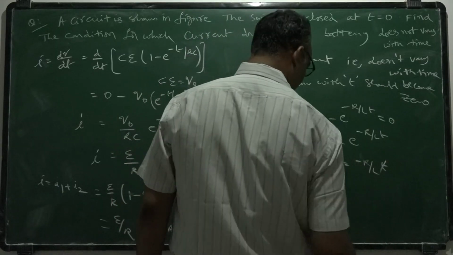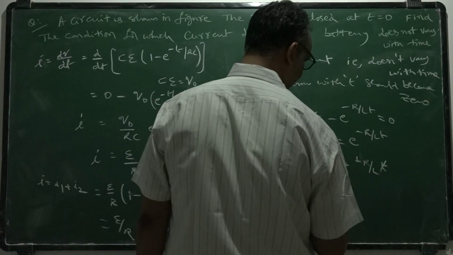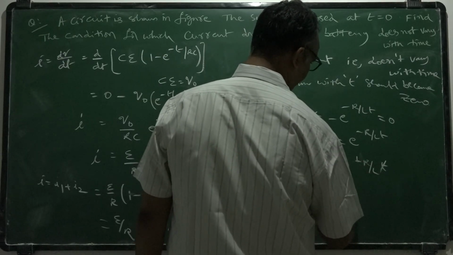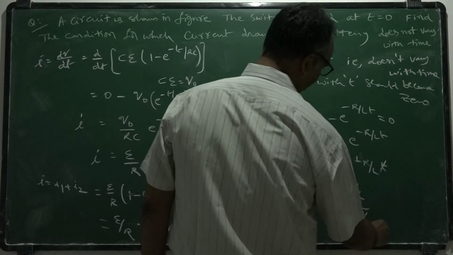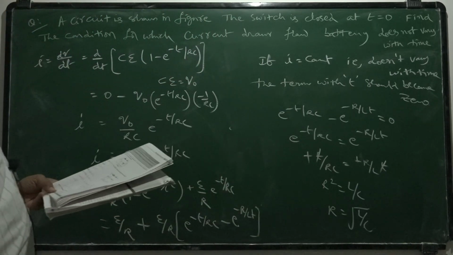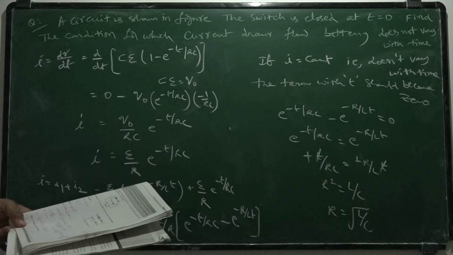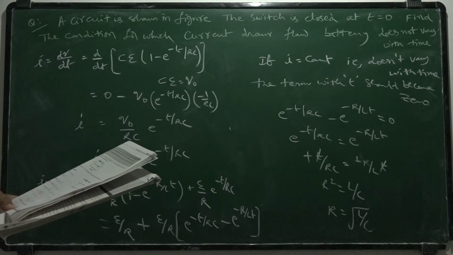T gets cancelled, minus minus gets cancelled, R square is equal to L by C, so R should be equal to root L by C. So the resistance, inductance and capacitance should have a relation like this.